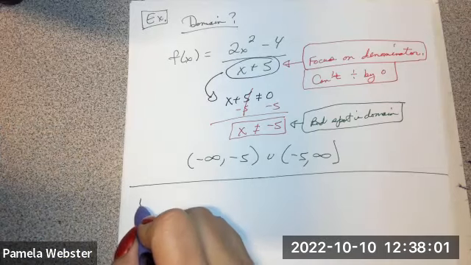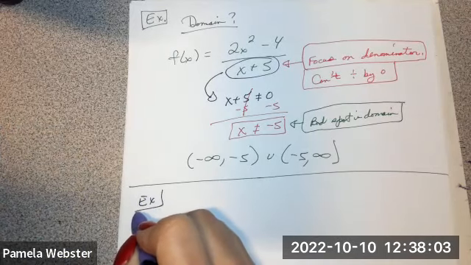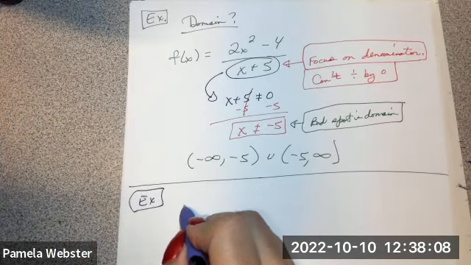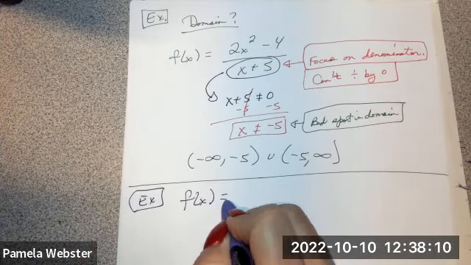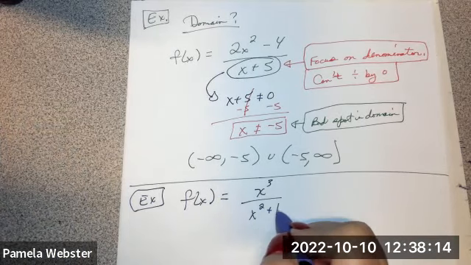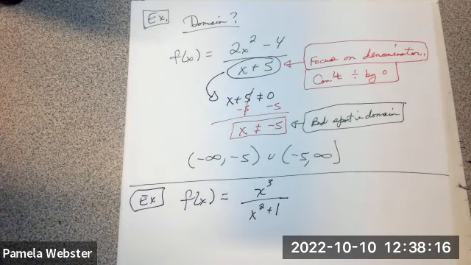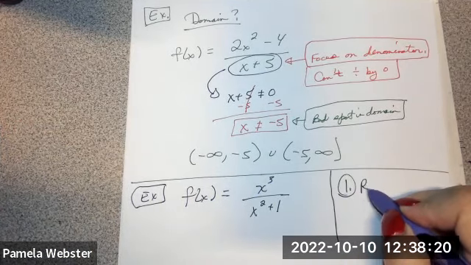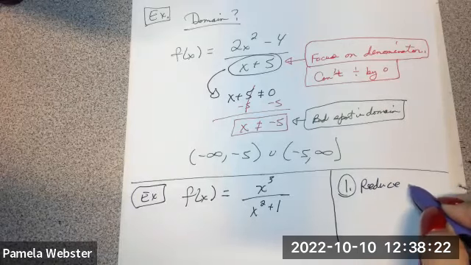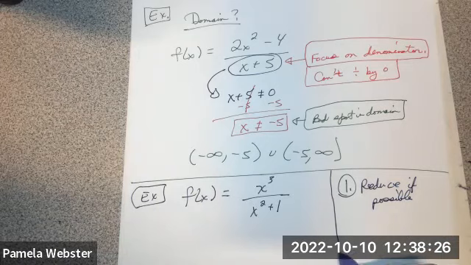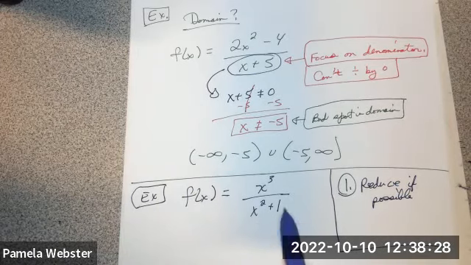Here's another example. F of x equals x cubed divided by x squared plus 1. So the first thing you want to do is reduce as much as possible, and that means looking for common factors.